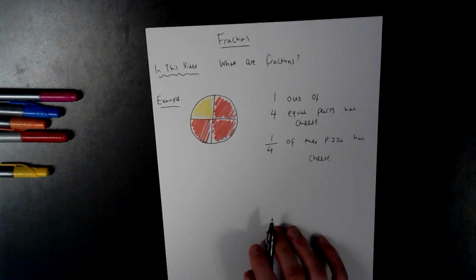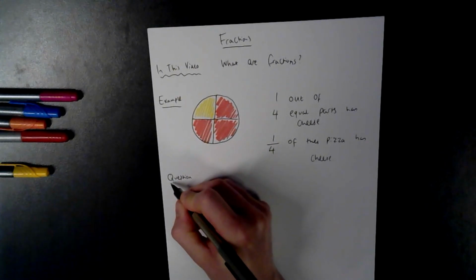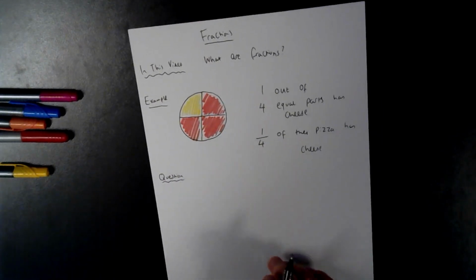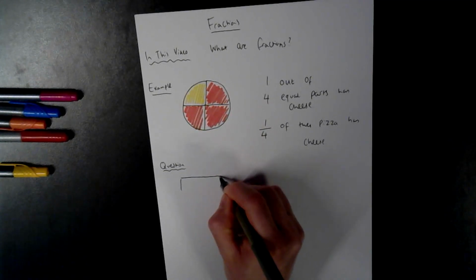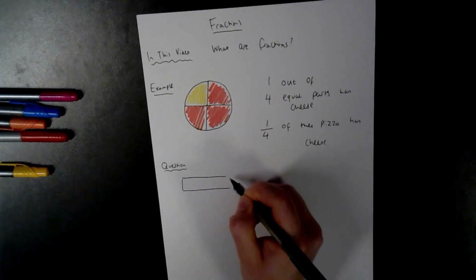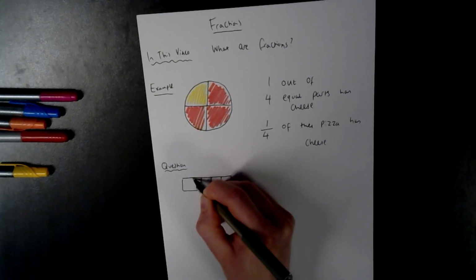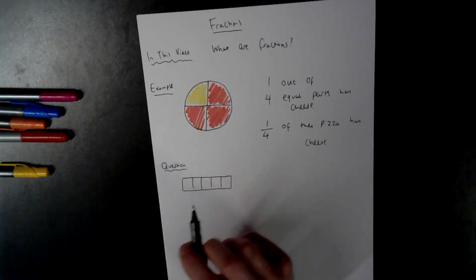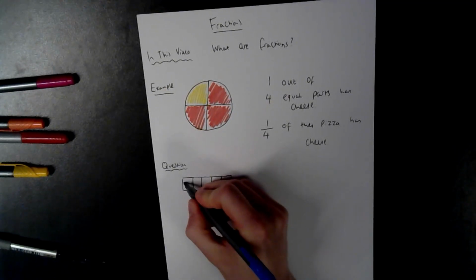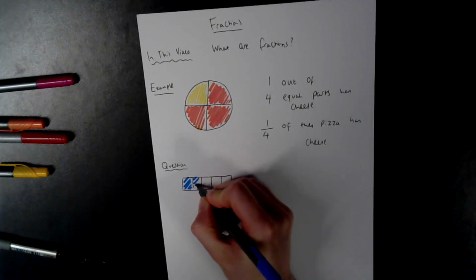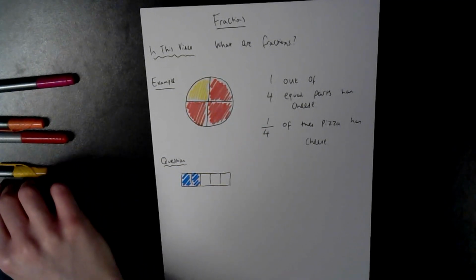So let's look at a question to do with this. Let's say that you've got some cake and it's been broken up into 5 slices like this, and 2 of the slices have blue icing and the other 3 have white icing.